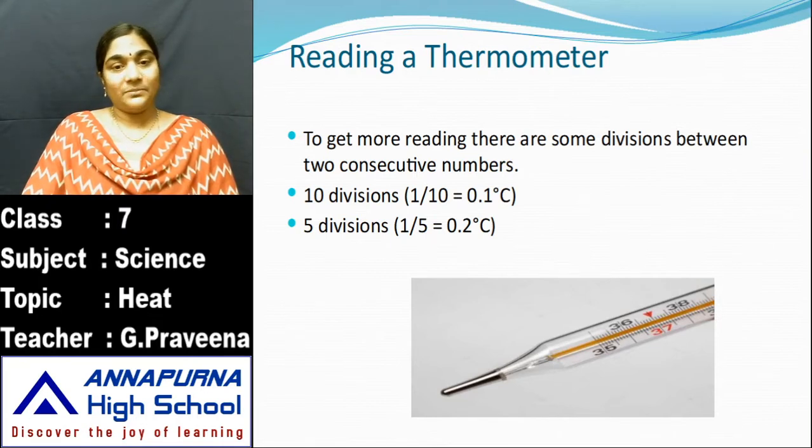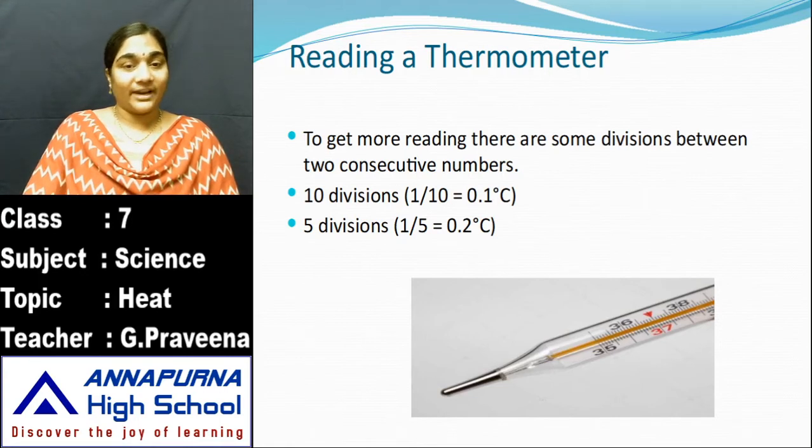For example, if there are 10 divisions between the two longer lines, it will be 1 by 10, which is equal to 0.1 degree Celsius. And if there are 5 divisions between the two bigger marks, it will be 1 by 5, so you can read it as 0.2 degree Celsius.